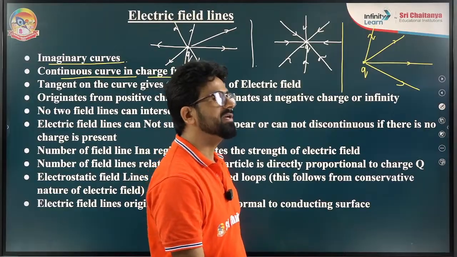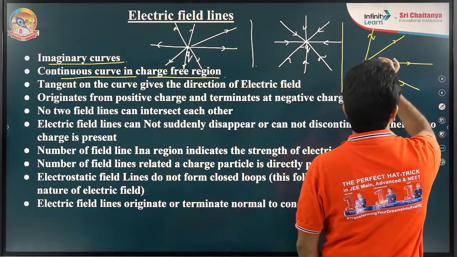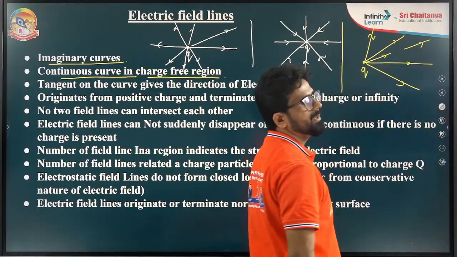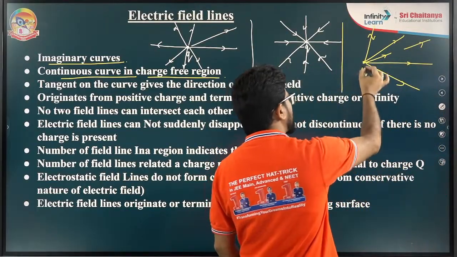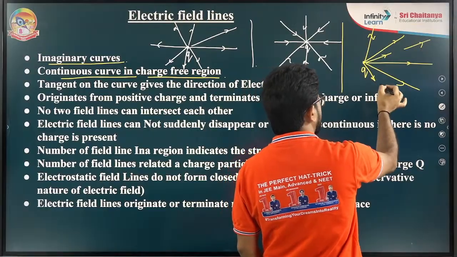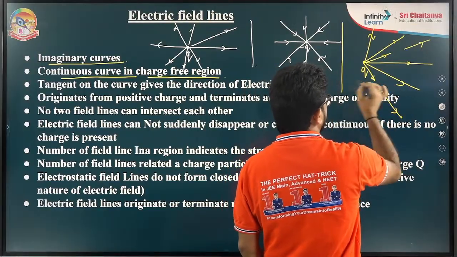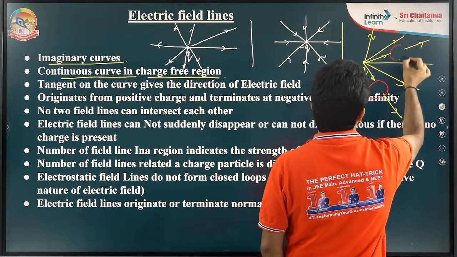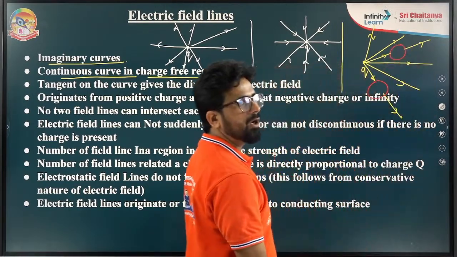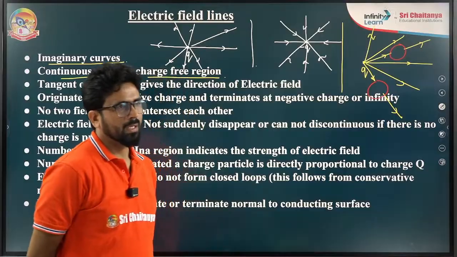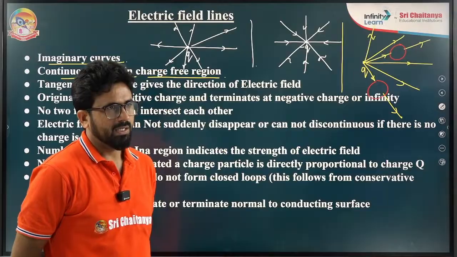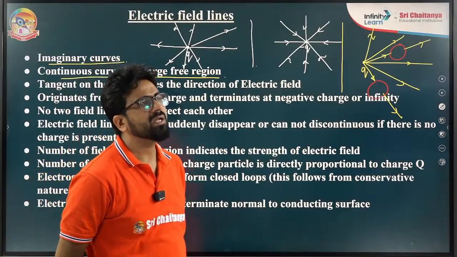It is not discontinuous. Suppose this field line goes up to here, then is discontinuous, and then the field line starts here. So there is a gap. This gap is not possible. It cannot be discontinuous if there is no charge.